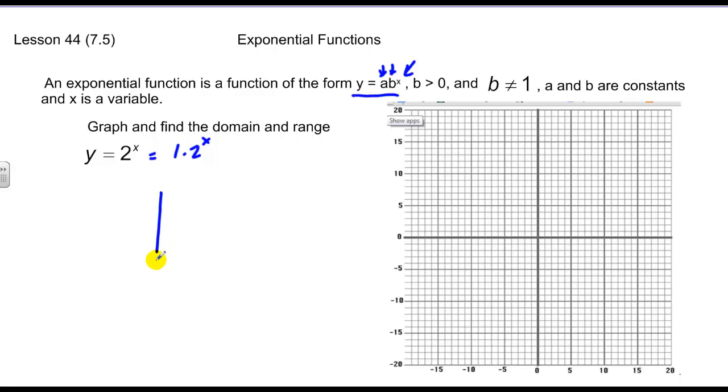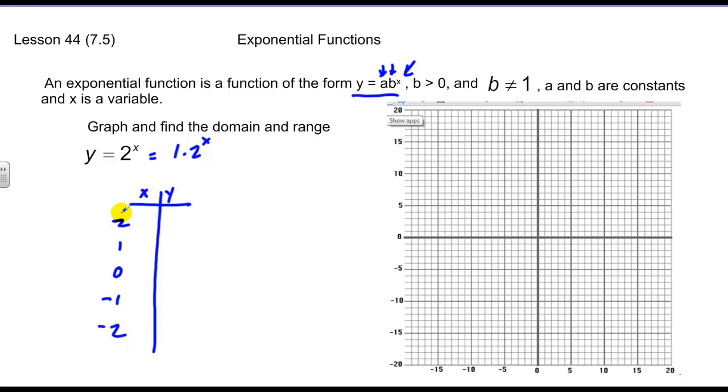So typically on these, I like to set up a chart of x's and y's, and I keep my numbers small so I don't have to calculate things that are too big. I'll usually go with the numbers between 2 and -2.